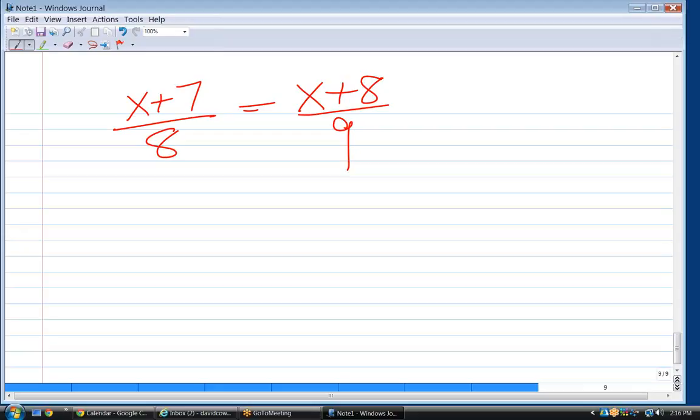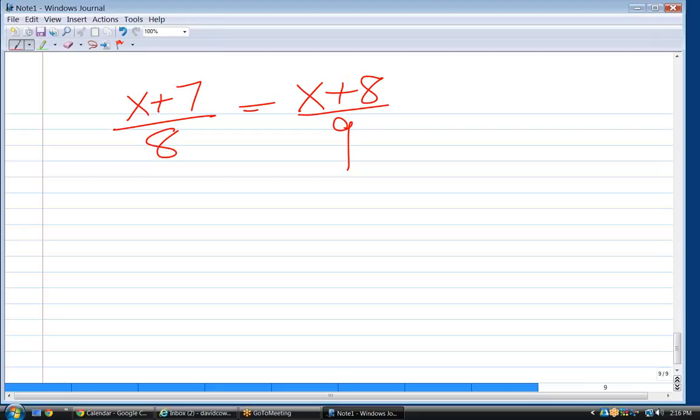Our goal is to get rid of the denominators as quickly as possible. So we would have to find the least common multiple of 8 and 9, which is 72. That's one way to do it. Turns out that that's probably not the easiest way.